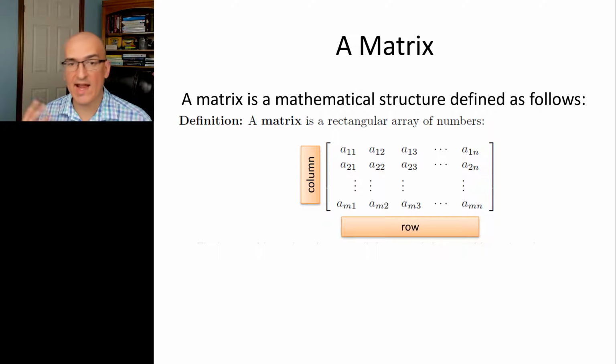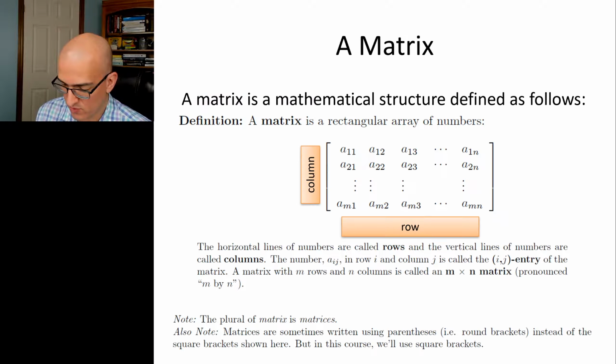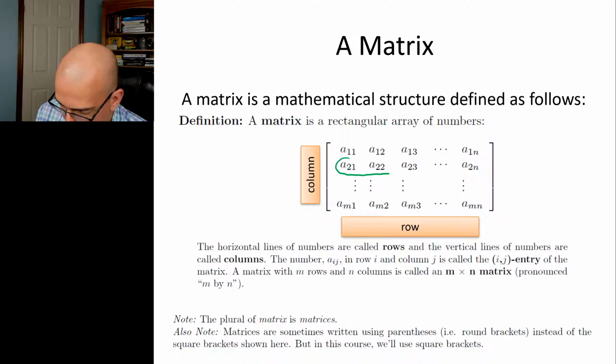So here's the anatomy of a matrix. The pieces going left and right, as already stated, are called rows. So the first element there we would call row 1. And I'll just highlight row 2 actually. Row 2.